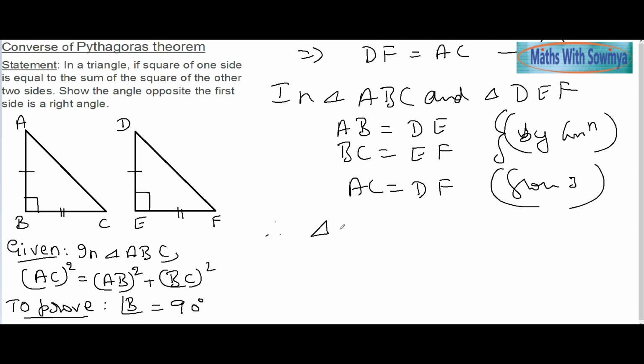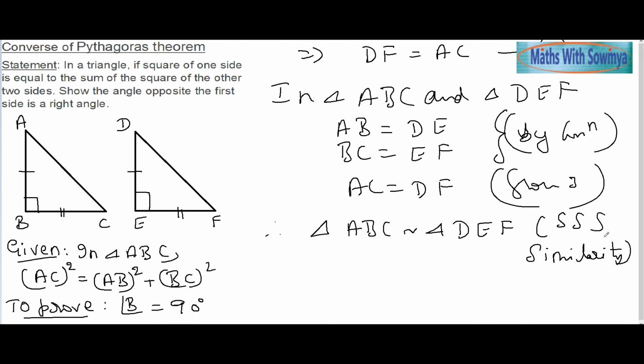Therefore, triangle ABC is similar to triangle DEF by SSS similarity. By SSS similarity, corresponding angles must be equal. So angle B is equal to angle E, which is 90 degree, which implies angle B is 90 degree. Hence, the converse of Pythagoras theorem is proved.